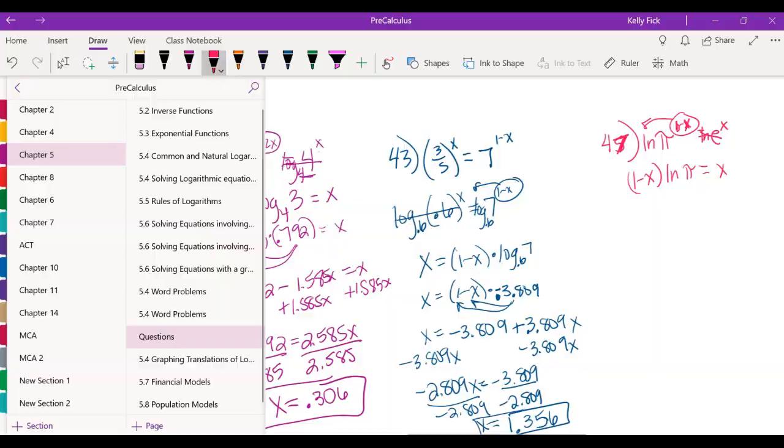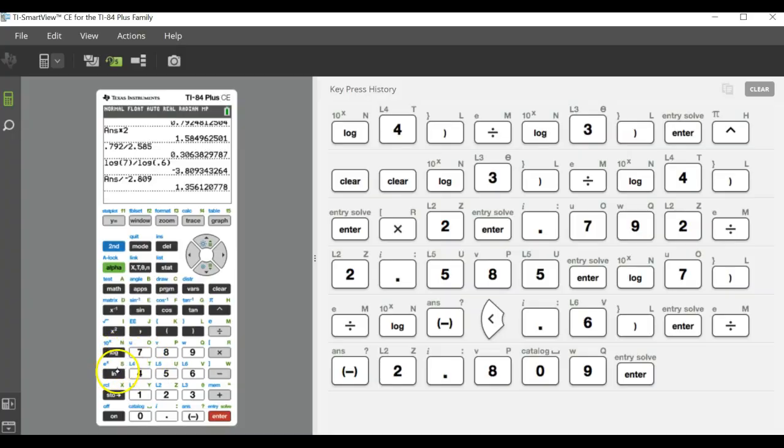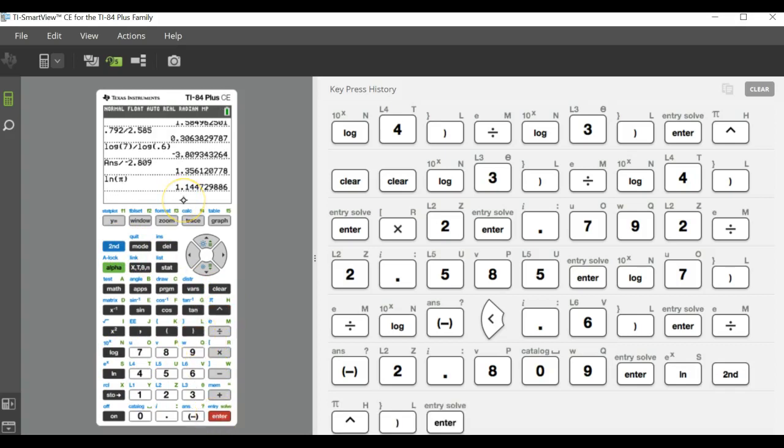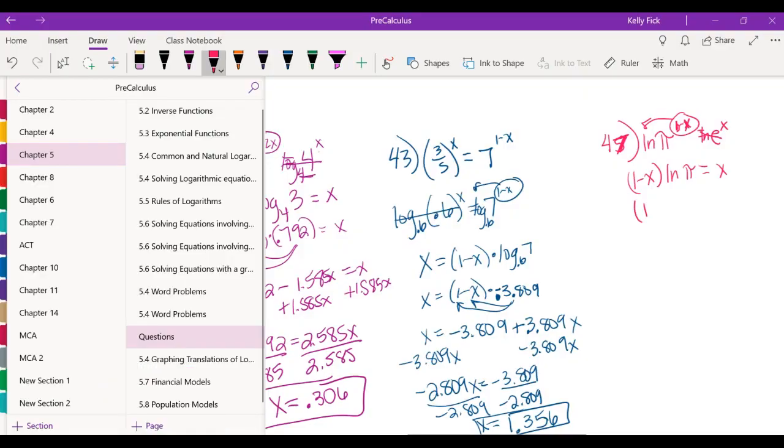Now I've got to find the ln of pi. So ln of pi is 1.145. I have 1 minus x times 1.145 equals x, so that distributes: 1.145 minus 1.145x equals x. I'm going to add that to each side.